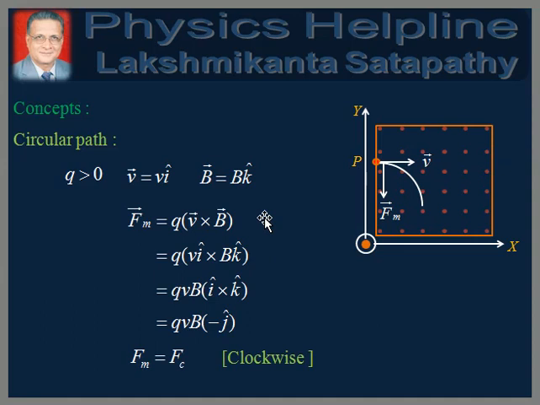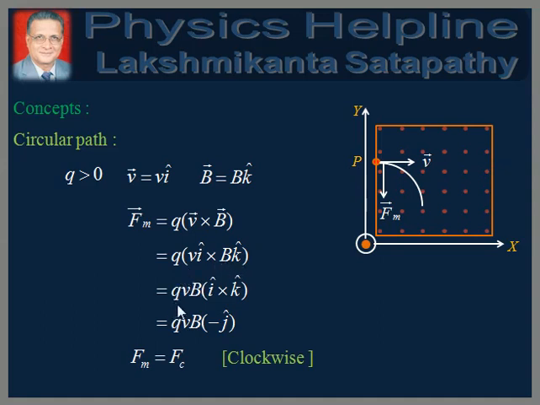Now, the necessary centripetal force for the circular path is provided by the magnetic Lorentz force. Let us determine the magnetic Lorentz force Fm. Now, Fm is defined as Q into v cross B. Now, Q into v cross B is v i cap cross B k cap.